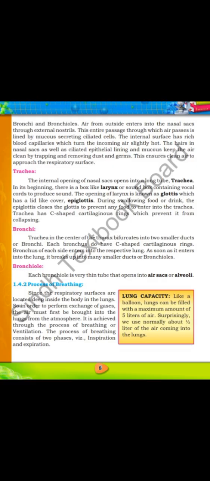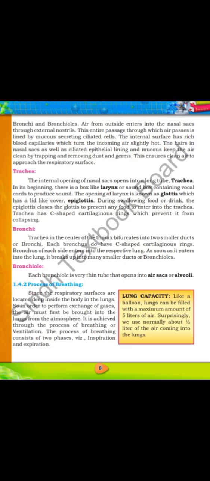Dear students, the internal opening of nasal sacs opens into a long tube known as trachea, and at the starting point of trachea there is a box-like structure known as larynx, or it may also be called a sound box because it is responsible for producing the sound.